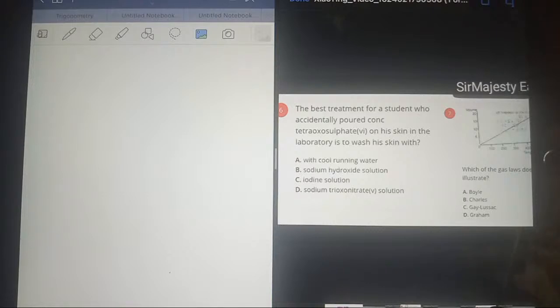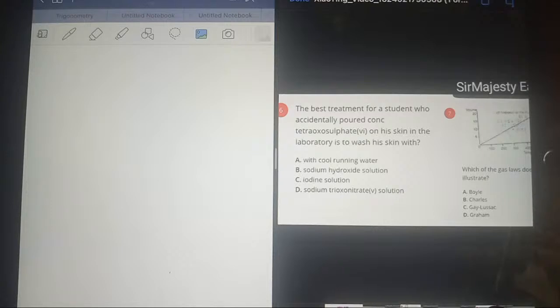Though dilution of concentrated H2SO4 is exothermic and will burn the skin more, it is preferable to use cool water than to use a neutralization process with sodium hydroxide. Sodium hydroxide will quench the burning effect, but will burn faster, because neutralization is exothermic.